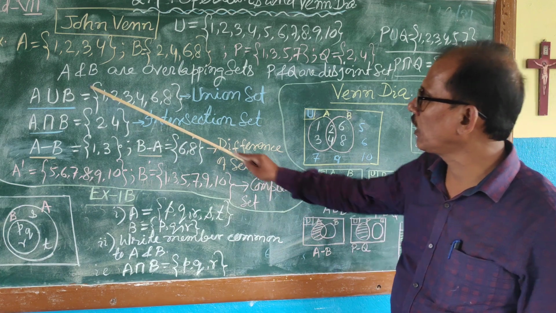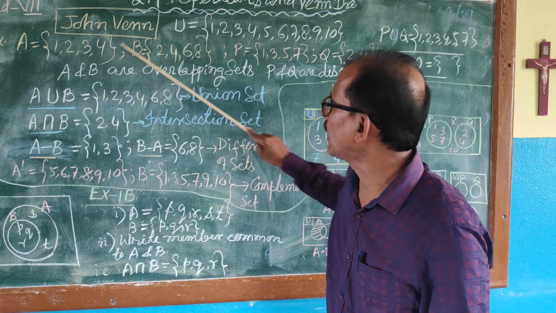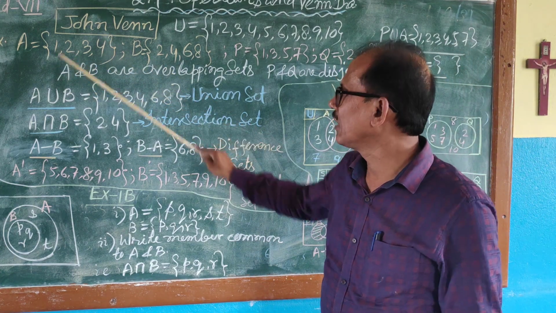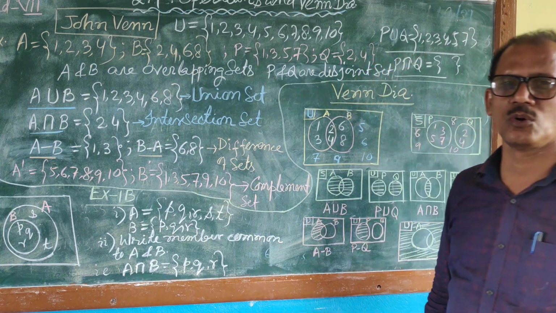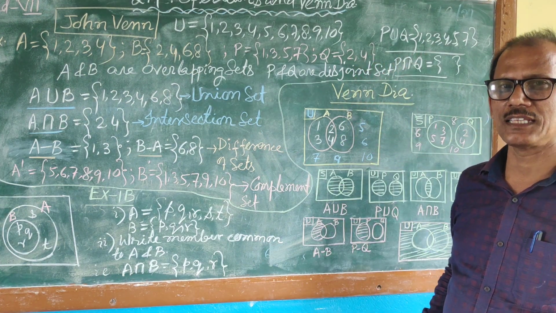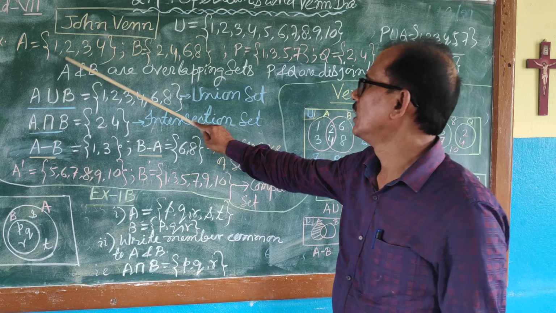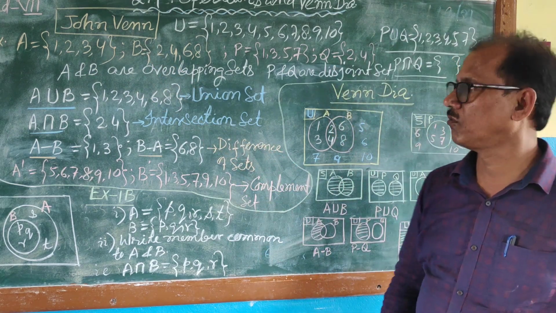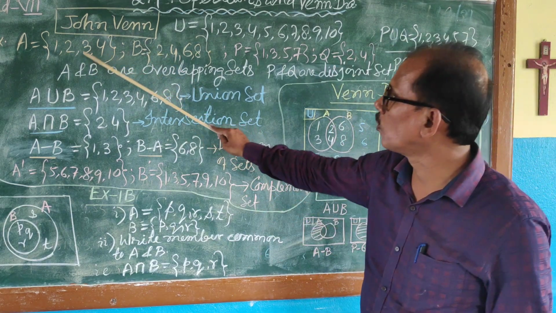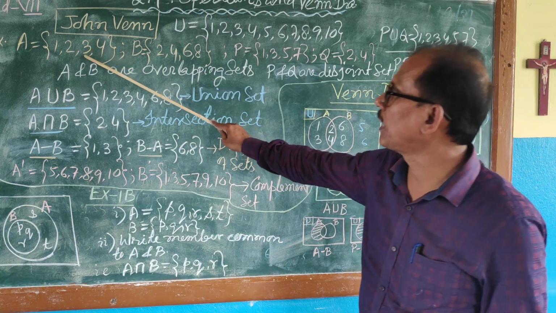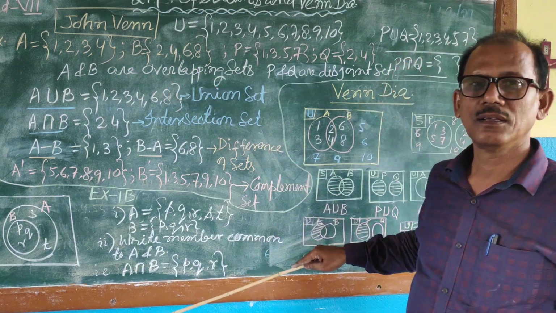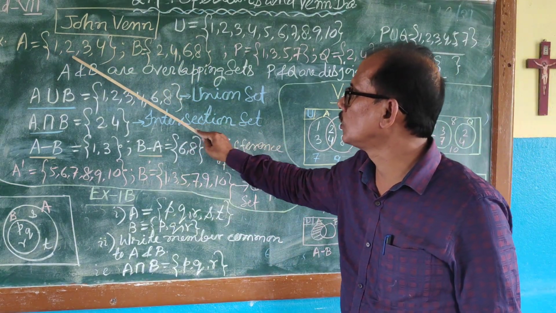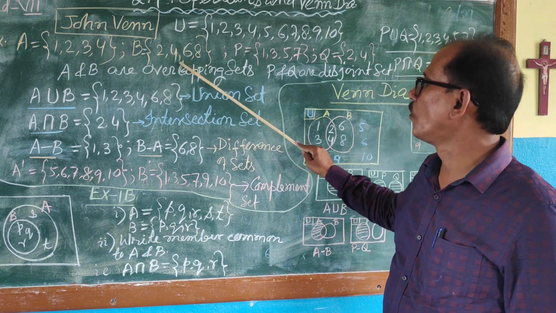First of all, if you compare these two sets A and B, they have a relation between them. What is the relation? They are overlapping in nature. Some of the elements are common. Here 1, 2, 3 and 4, here 2, 4, 6, 8.